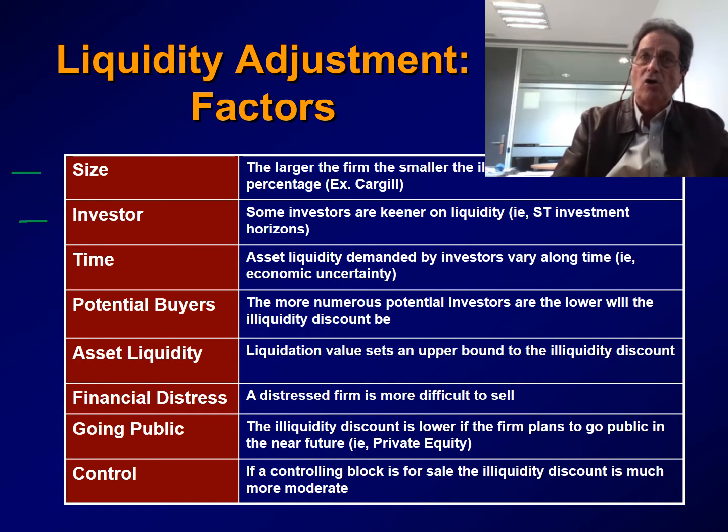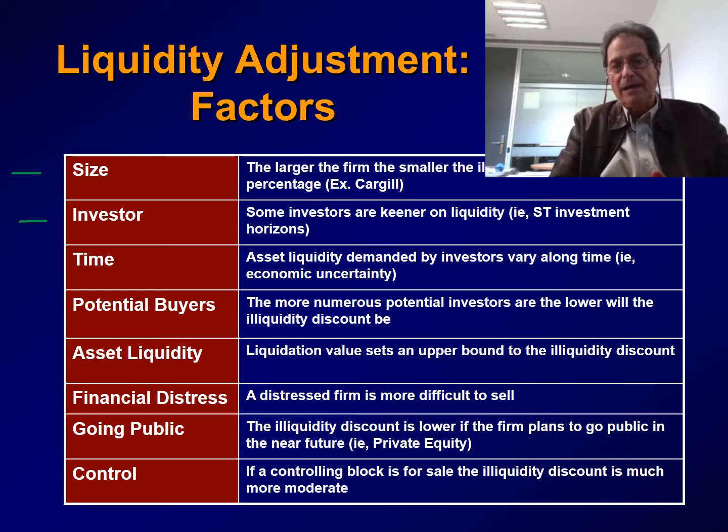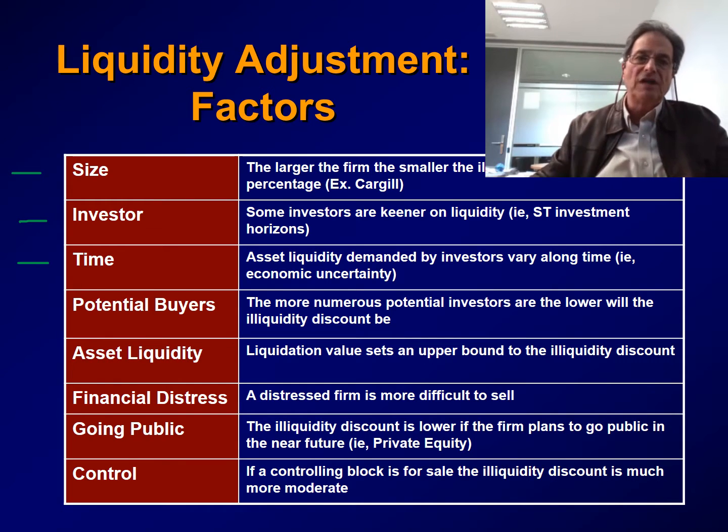So depending on who is the investor, then the desire to apply a liquidity discount will be larger or smaller. Time. Desire for liquidity changes over time. For instance, in times of economic uncertainty, the illiquidity discount tends to be higher than in times of economic good times.